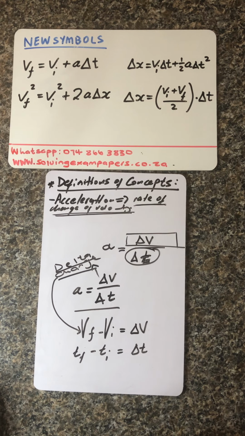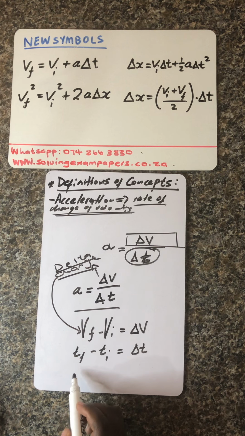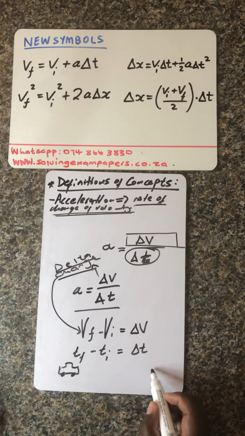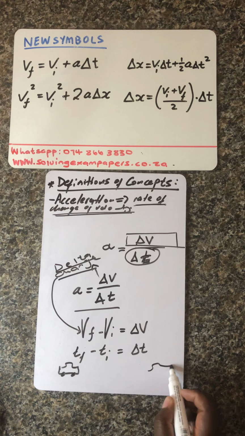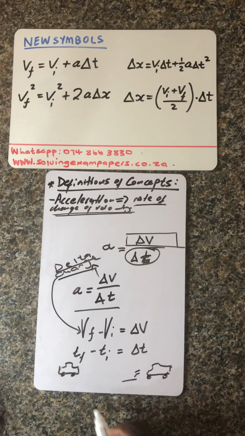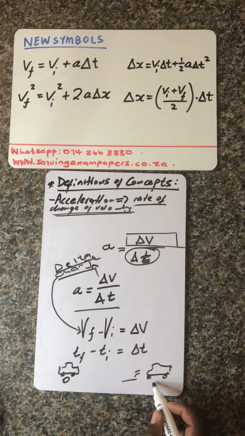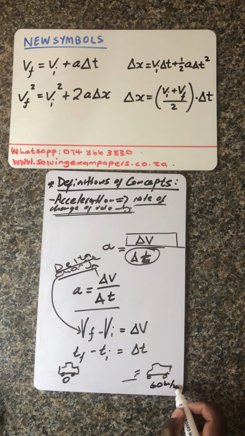Regarding the initial and the final, ladies and gentlemen, let's say for example you've got a car which is stationary there, and you drive such that you reach your top speed. So obviously there you are, ladies and gentlemen, you're driving from 0 to let's say 60 kilometers per hour.